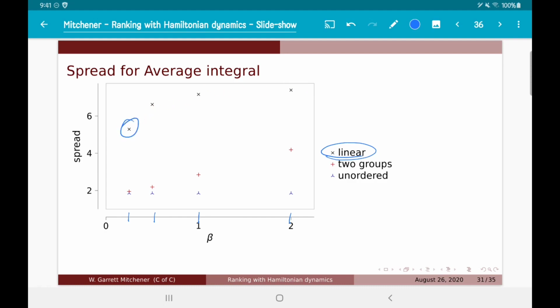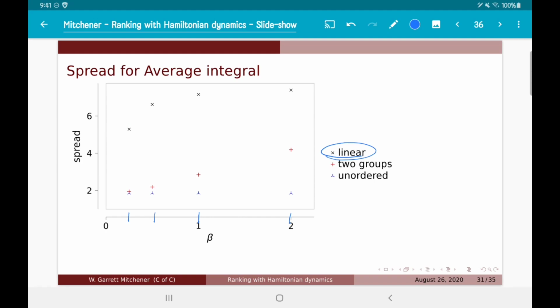Now over here, where the probability of upsets is high, we're seeing that the spread is a good bit less. And that's again because when you have upsets, it creates cycles or other contradictions in the given data. And so you've got some particles that aren't pushing each other consistently.